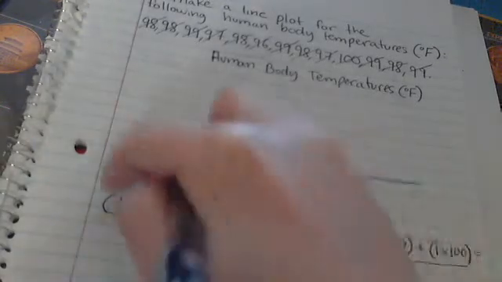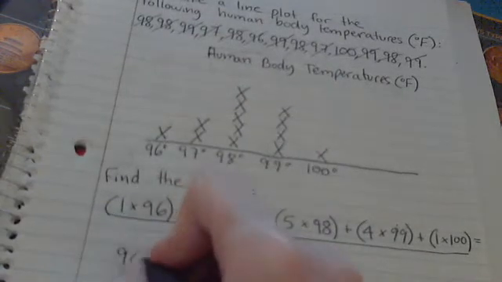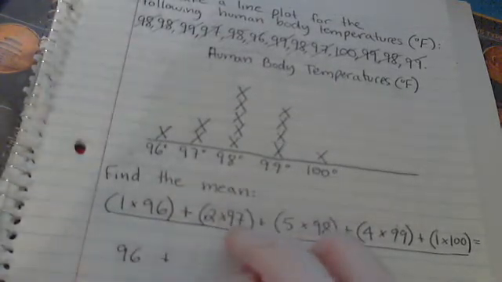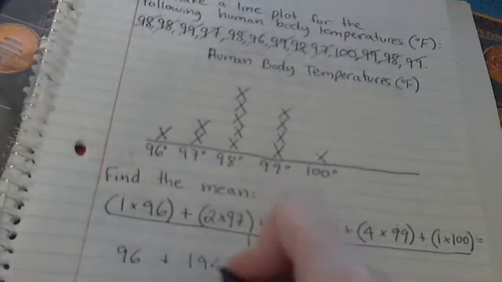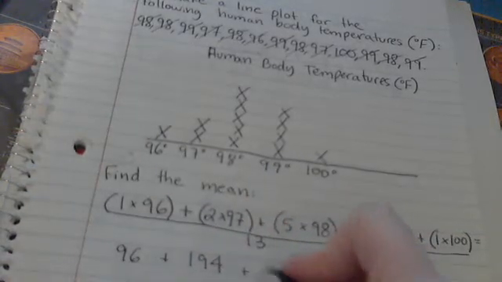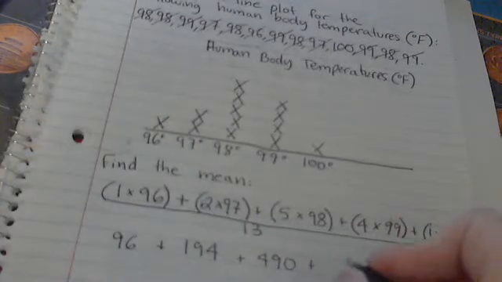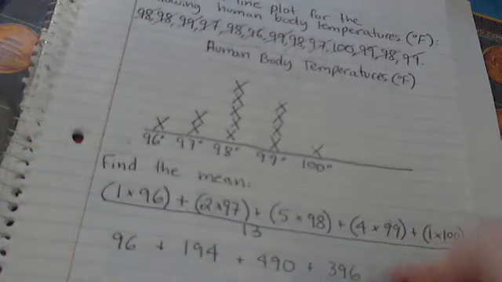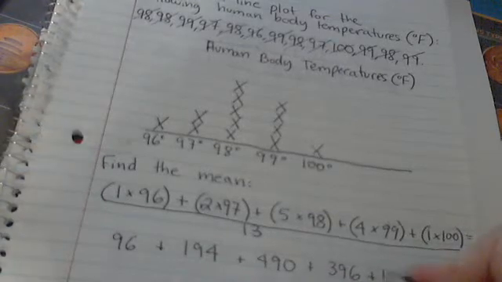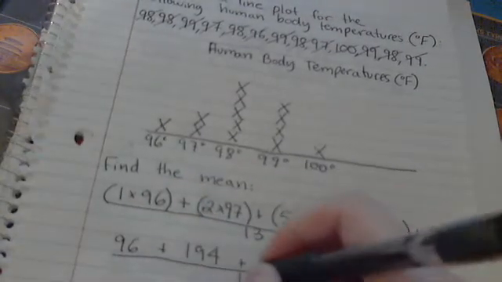Whenever you multiply this, 1 times 96 is 96, plus 2 times 97 is 194, plus 5 times 98 is 490, plus 4 times 99 is 396, plus 1 times 100, which obviously is 100, and don't forget, you're dividing by 13.